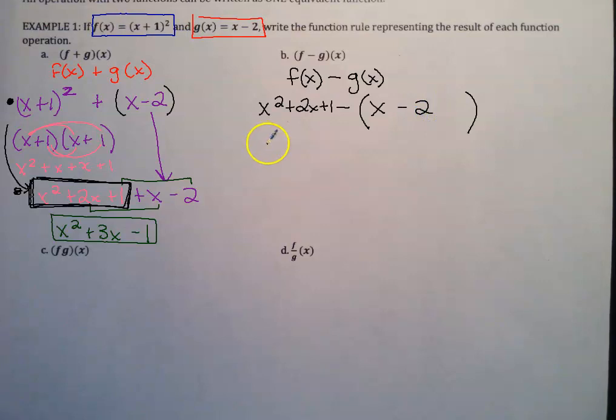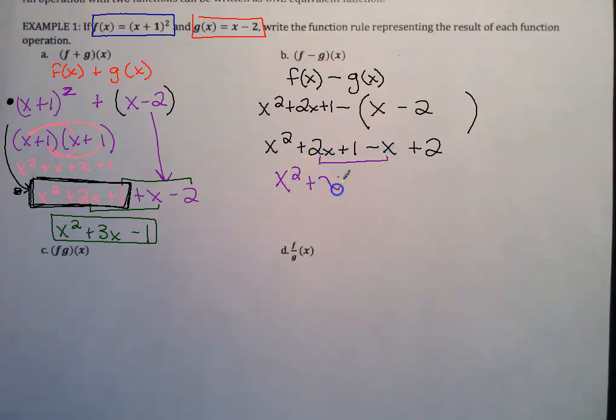So if I go ahead and change my sign, x squared plus 2x plus 1 minus x plus 2. And then we're ready to combine like terms. We don't have any other x squareds. What about 2x minus x?